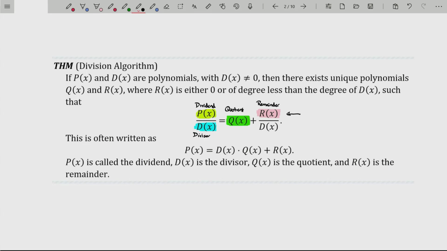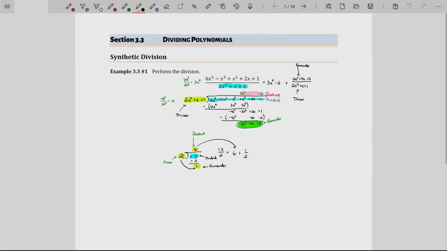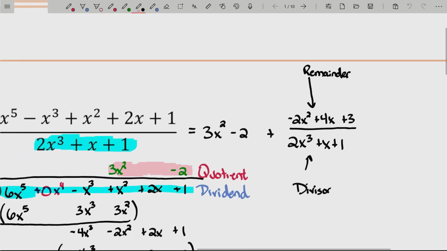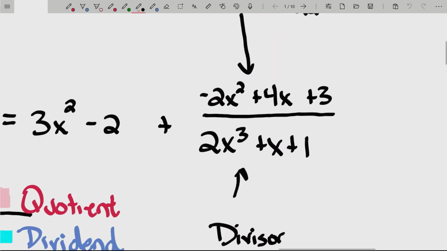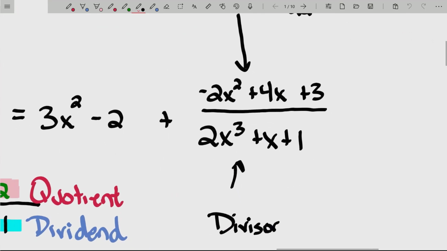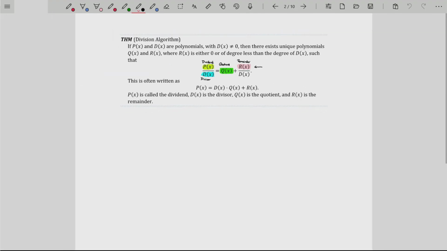So it is possible that you could have no remainder. Or if it is not 0, it's going to be a polynomial of degree less than the degree of the divisor. And we saw that in the previous example. In the previous example, when we did the long division, the remainder had less degree than the divisor. And that's what this is just formally stating.